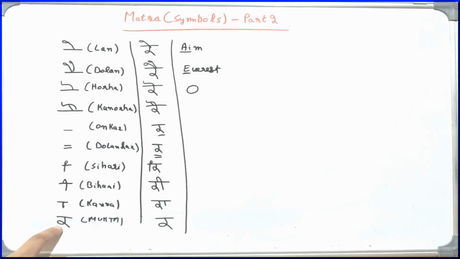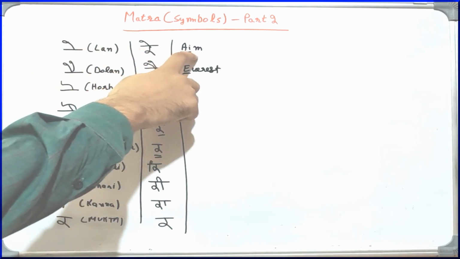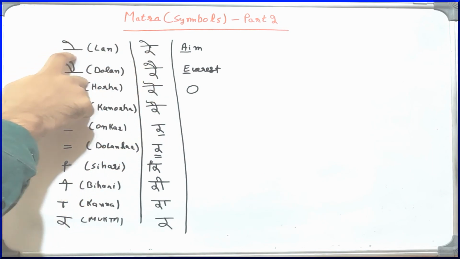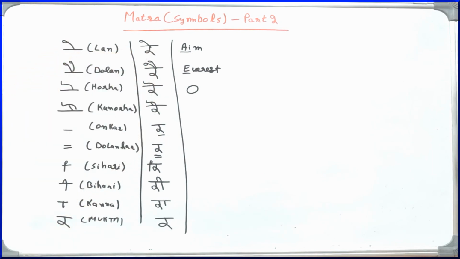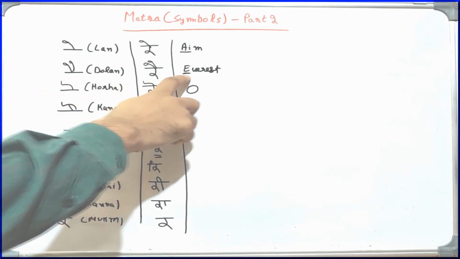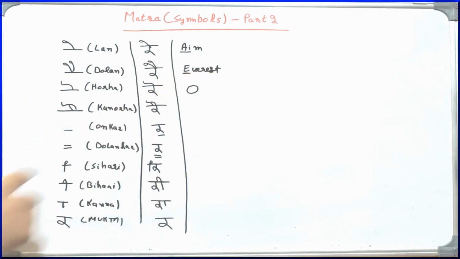Let's see how it affects the sound of Kakka. We say Kakka Mukta gives the sound of ka, and Lava is giving the sound of a. So when you attach Lava to Kakka, it will give the sound of ka.